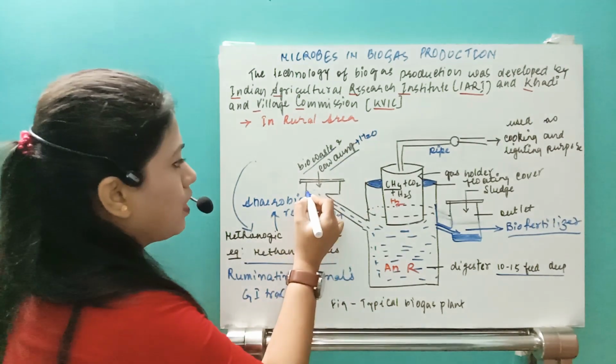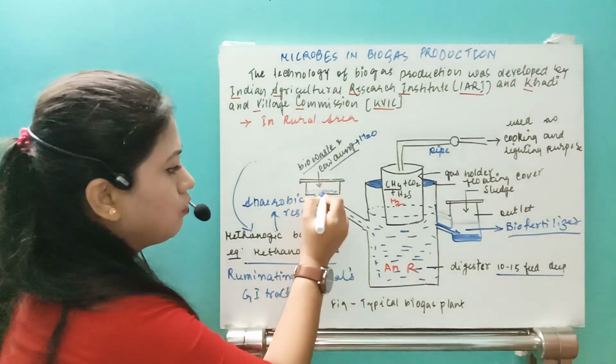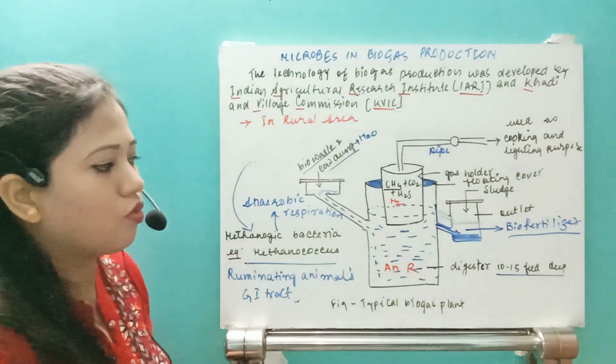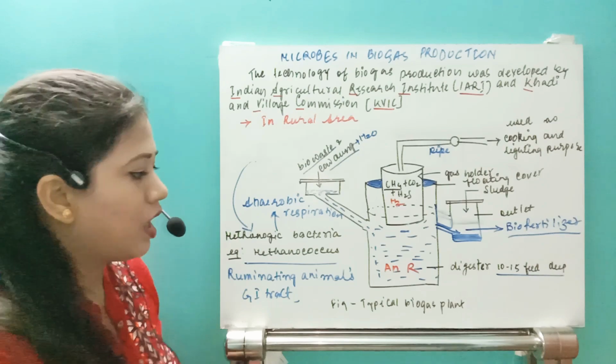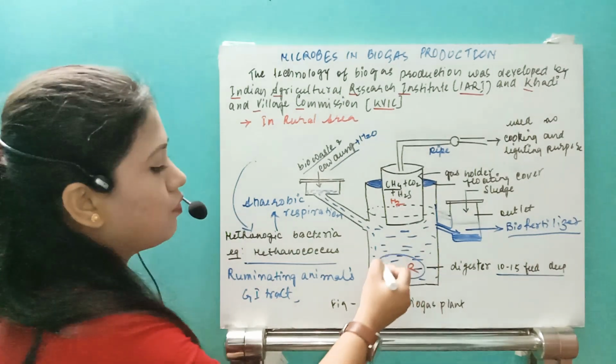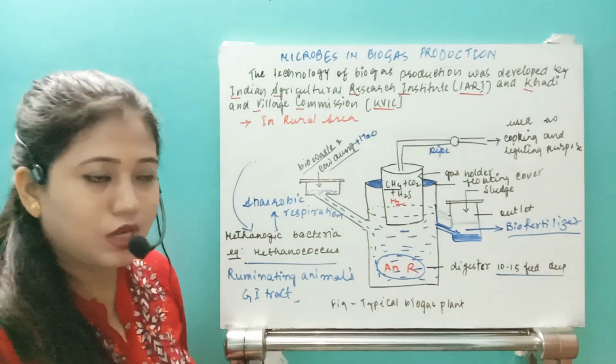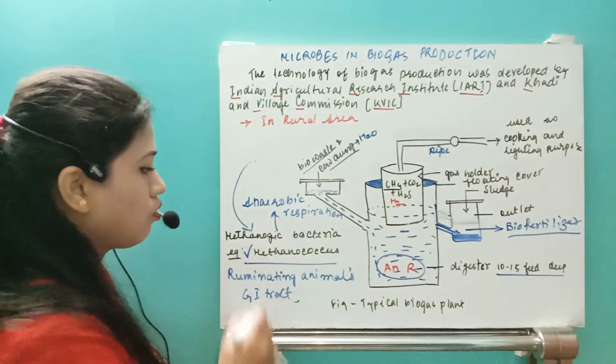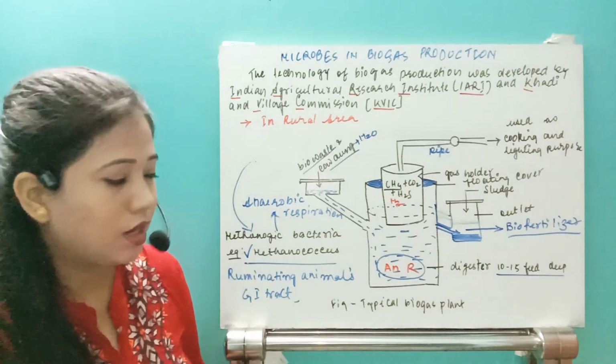This bio waste and the cow dung with the water, this slurry, is allowed to go into the digester tank. In the digester tank, it will undergo anaerobic respiration by the methanococcus or methanogenic bacteria.